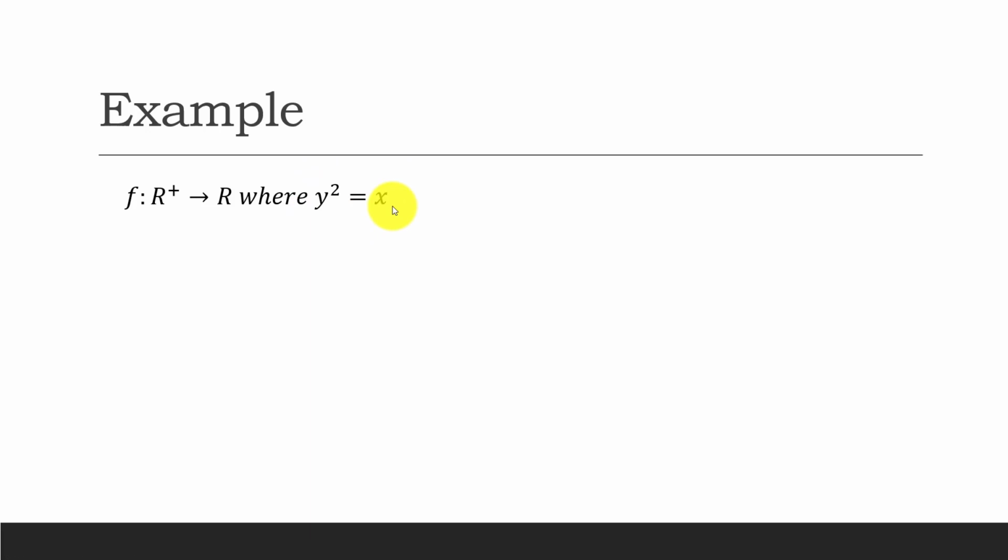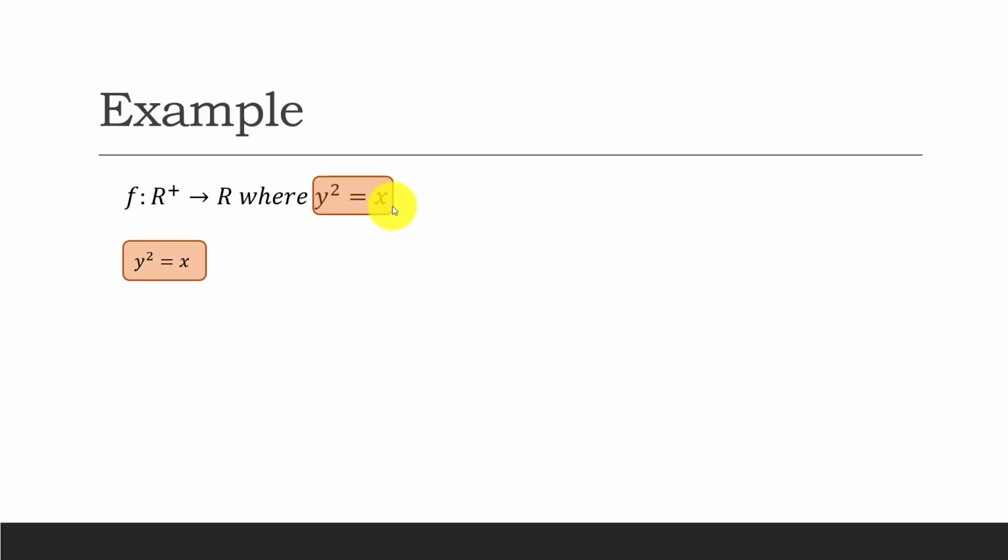Now, one thing to notice here is y squared equals x. In all the previous slides, whatever we have seen, we have always seen y equals f of x. We never saw y raised to a power, right? So that's why we need to express it in our form.